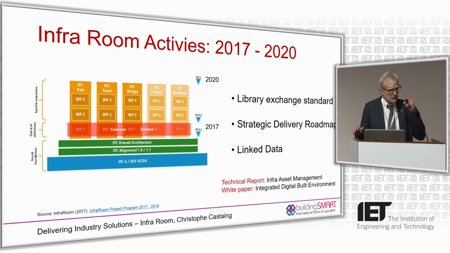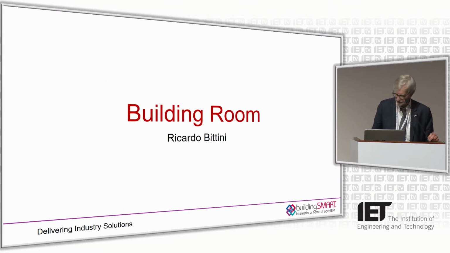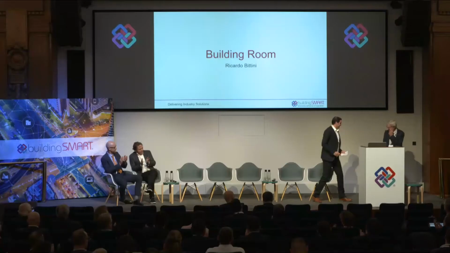That means we are going to deliver at this horizon, 2020 or 2021, something very important for software vendors to implement in their software, to have this standard available for the end user. That's the roadmap and our activity. Thank you very much.